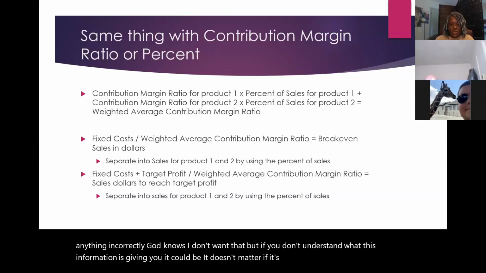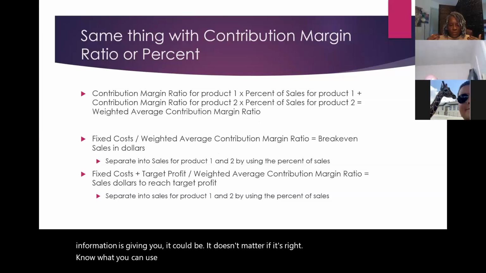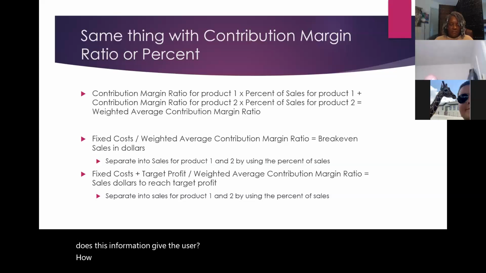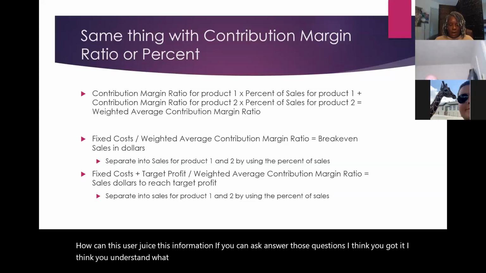You can't use it. So when you're reading through the chapter, ask yourself, what does this information give the user? How can this user use this information? If you can answer those questions, I think you understand what that particular formula would give you.